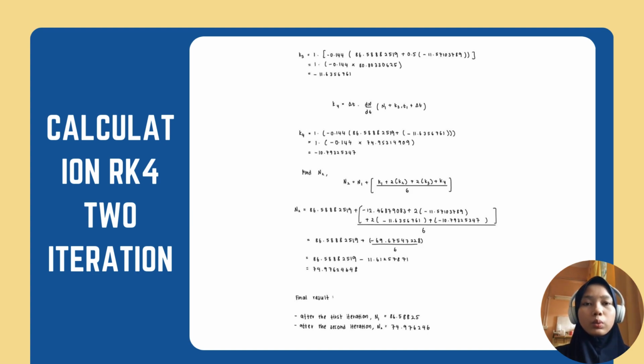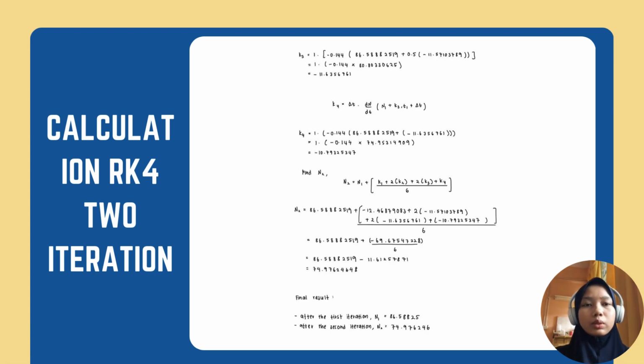And the last one, we calculate k4, we get negative 10.79325347, and we find N2, where N2 equal to N1 plus (k1 plus 2 times k2 plus 2 times k3 plus k4) over 6, where N2 equal to 86.58882519 plus (negative 12.46879083 plus 2 times negative 11.47103789 plus 2 times negative 11.63566761 plus negative 10.79325347), divided by 6.